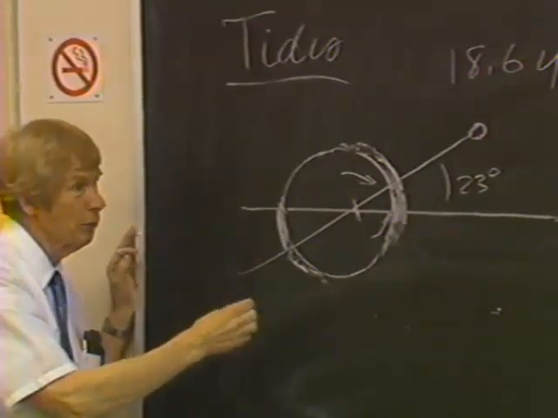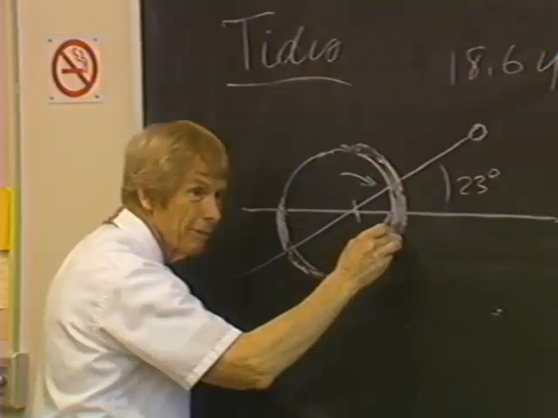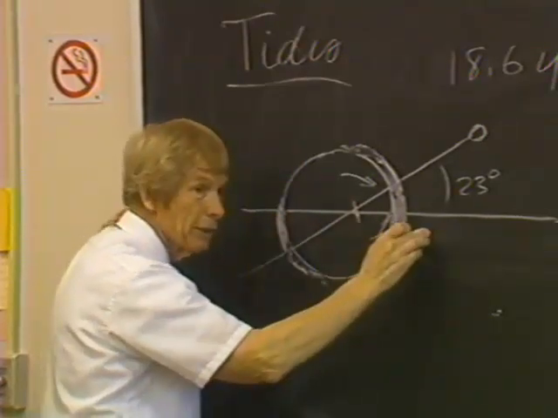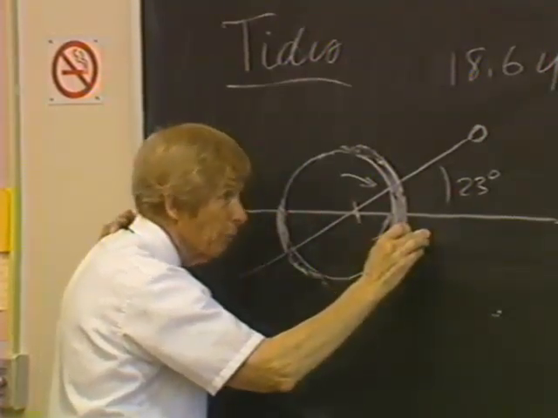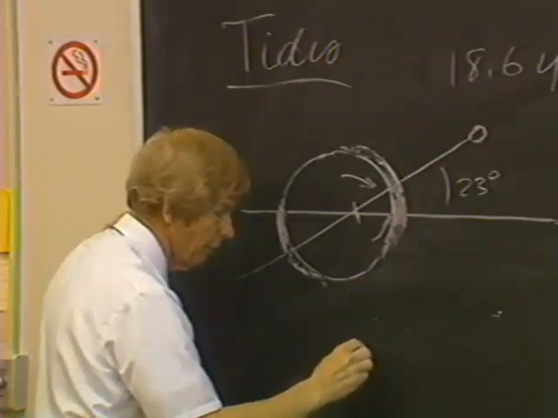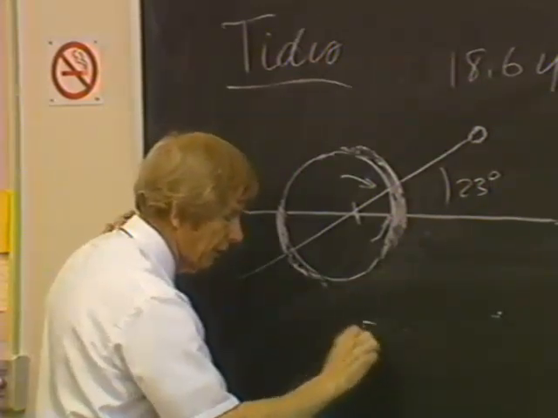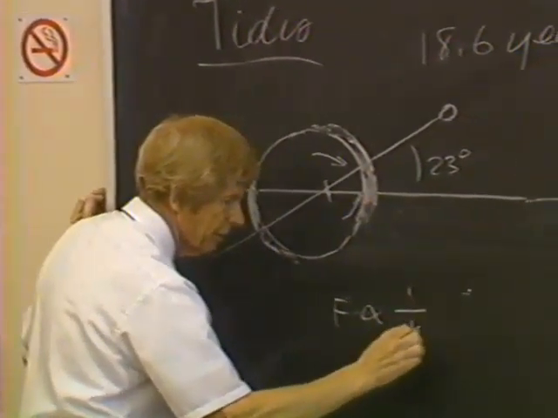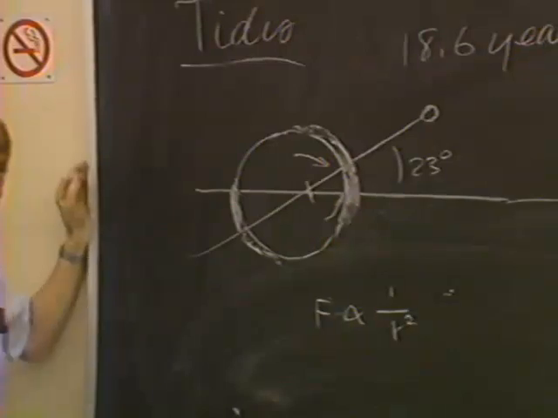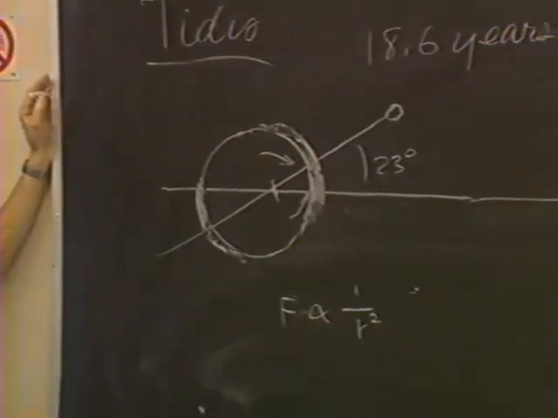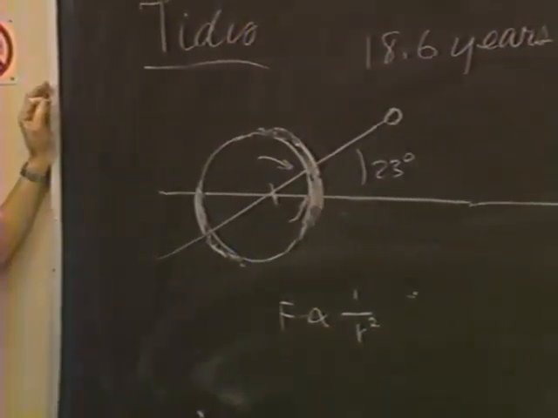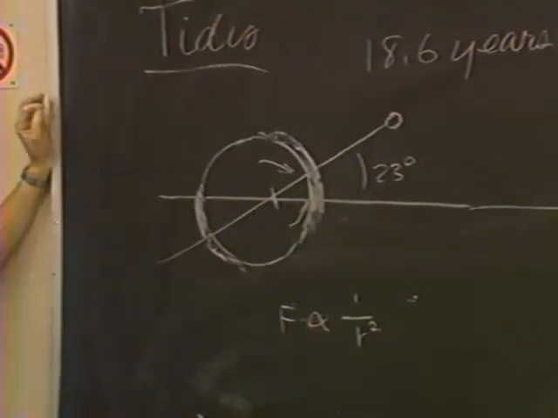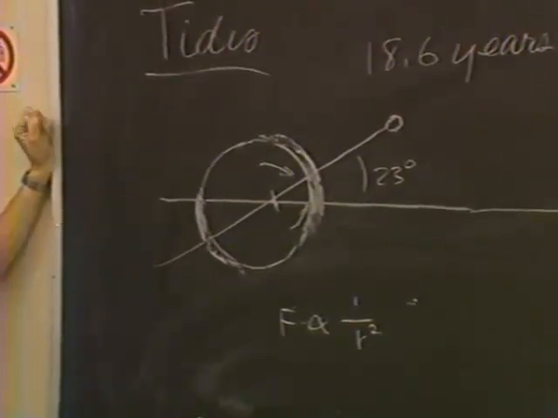Now the Sun also attracts the water on that side and this side, but because it's so far away, the attraction is much smaller. Remember, the force of gravity is proportional to 1 over the distance squared, according to Newton's law. And because it's so far away, the attraction is less, but it's still significant.